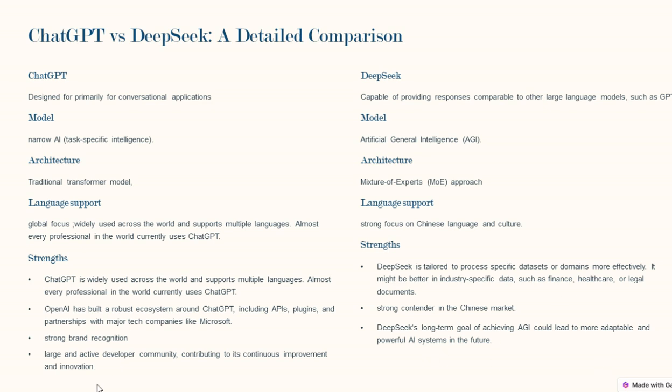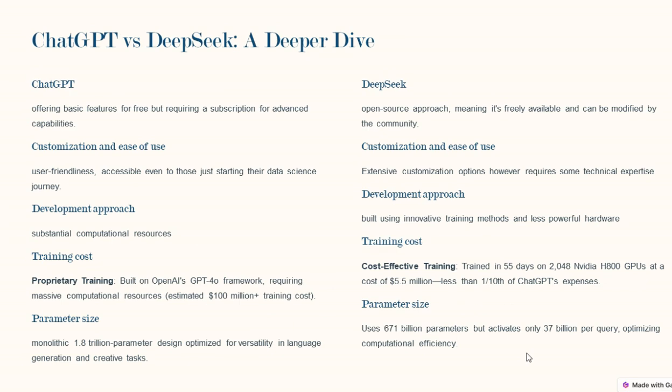ChatGPT has already established itself with a large active developer community. DeepSeek has made itself open source and is therefore aiming to build a large active developer community. Now, the other difference is that ChatGPT offers a lot of features for free, but some advanced capabilities require a subscription.